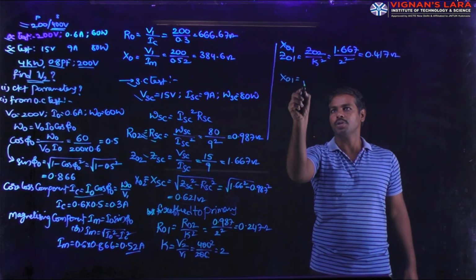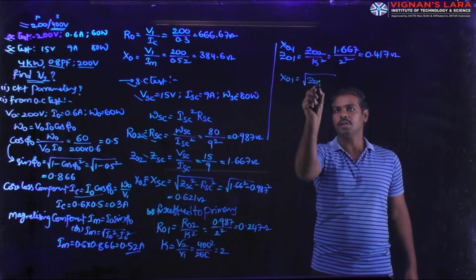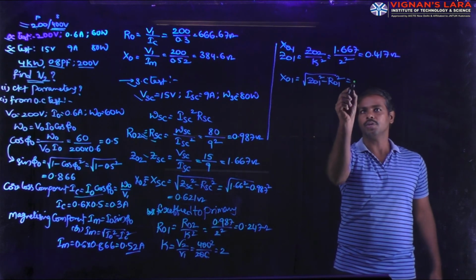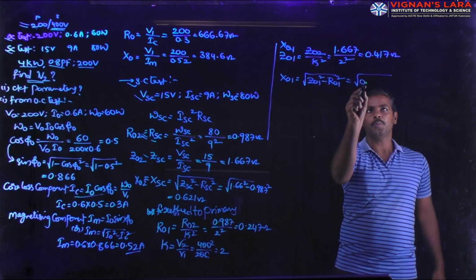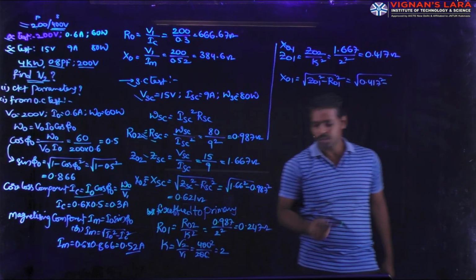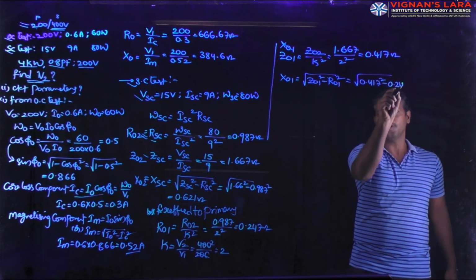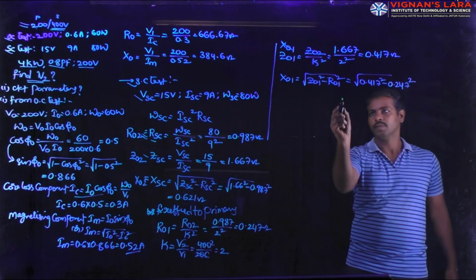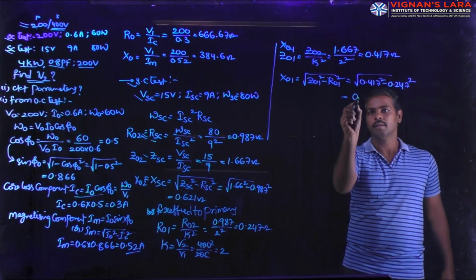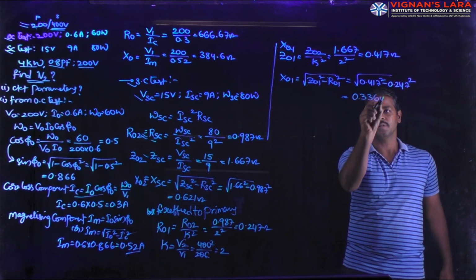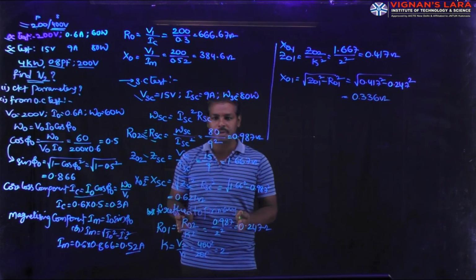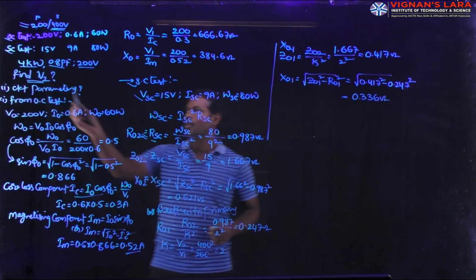X01 is equal to the square root of Z01 square minus R01 square, which is 0.417 square minus 0.247 square, so X01 is equal to 0.336 ohms. So these are the circuit parameters of a transformer obtained from the OC and SC tests.